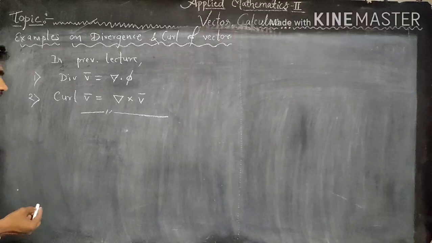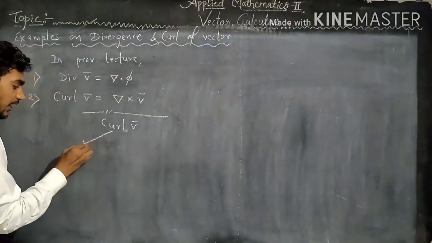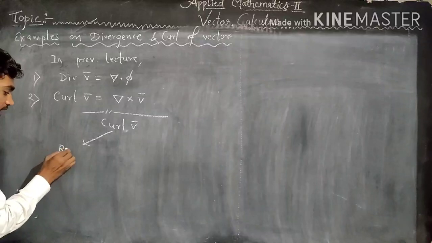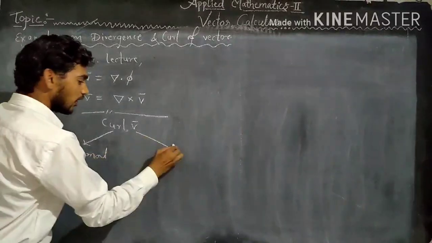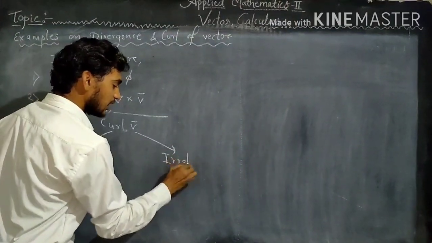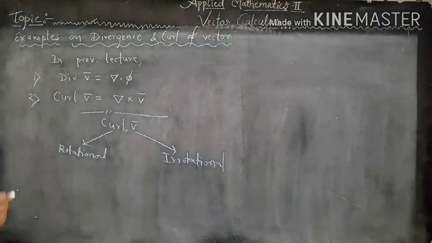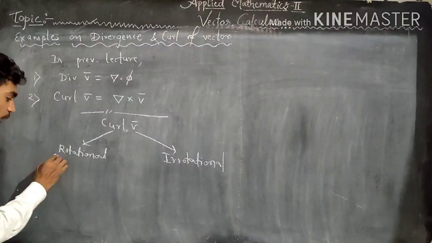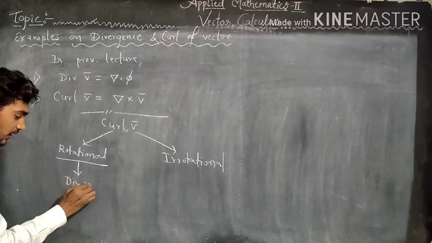Also, we have seen that for curl of a vector v, it is said to be rotational or irrotational depending on condition.